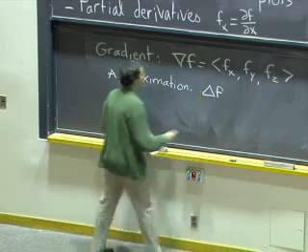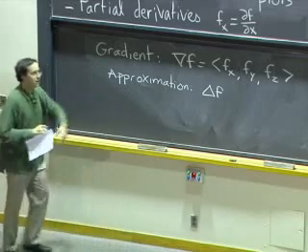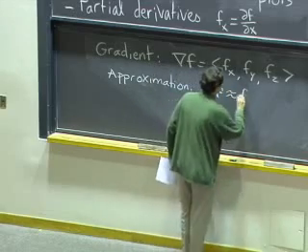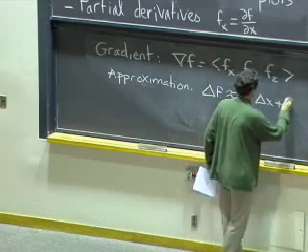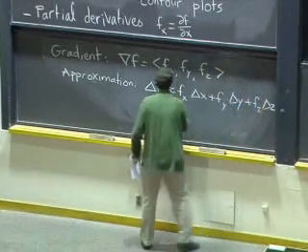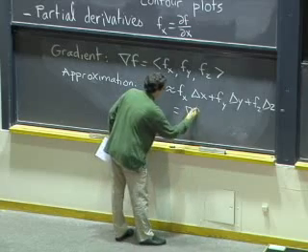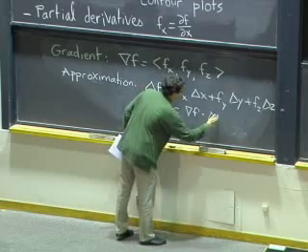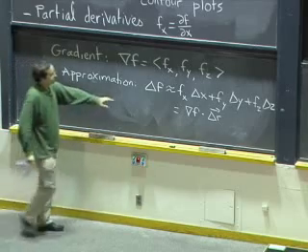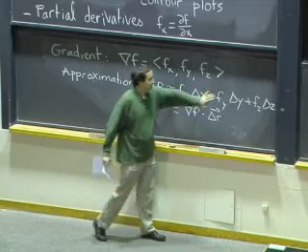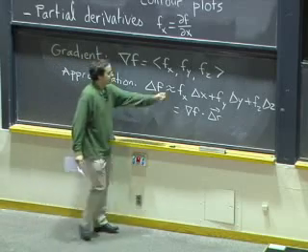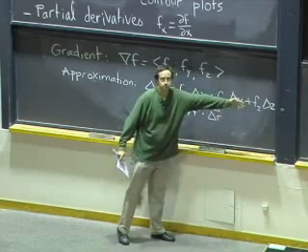So the change in f when we change x, y, and z slightly is approximately equal to, well, there are several terms. I can rewrite this in vector form as the gradient dot product the amount by which the position vector has changed. Basically, what causes f to change is that I'm changing x, y, and z by small amounts, and how sensitive f is to each variable is precisely what the partial derivatives measure.